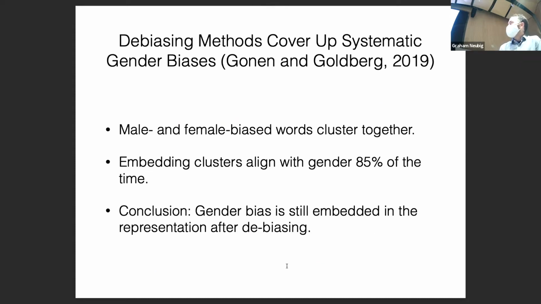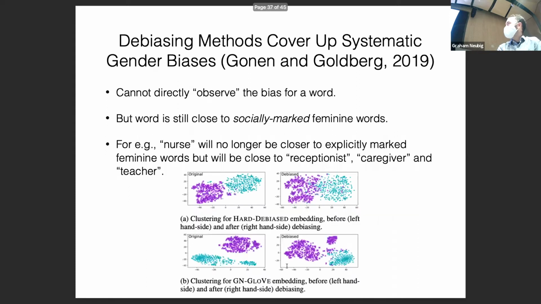However, there's also very interesting work on how debiasing methods cover up systematic gender biases. For example, despite the fact that you've run these gender bias methods and you can demonstrate that things are equidistant from particular words, or that they don't differ along an axis that corresponds to gender, nonetheless embedding clusters can align with gender 85% of the time.